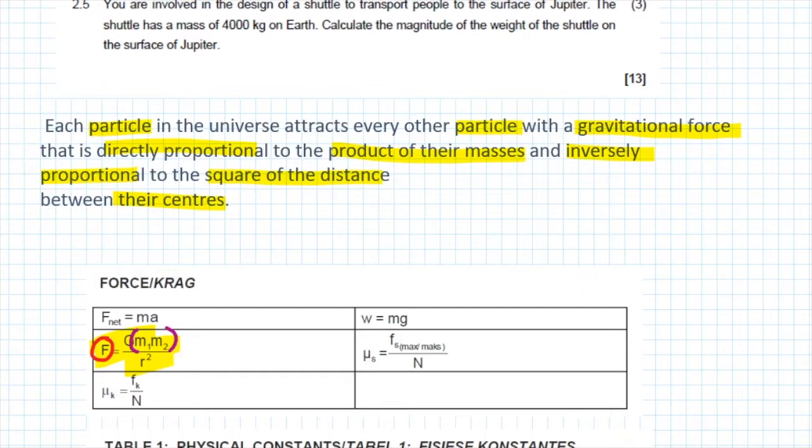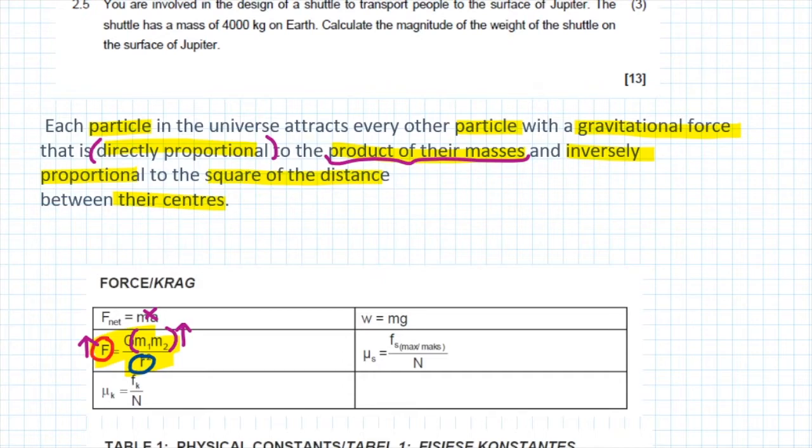Therefore, we say, as the product, remember product means to multiply. M1 times M2 is the product of the masses. So as the product of the masses increases, the force, the gravitational force between the masses is going to increase. And that is why we say the force is directly proportional to the product of their masses. We see at the bottom of this formula the distance between the centers, and it is squared.